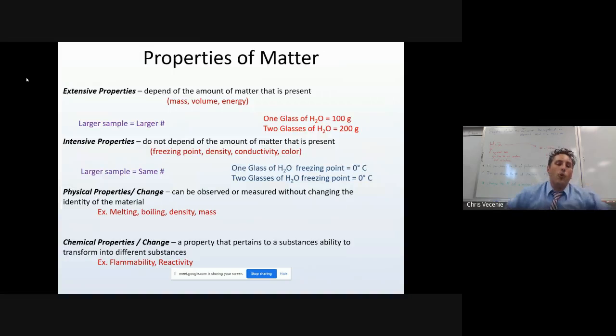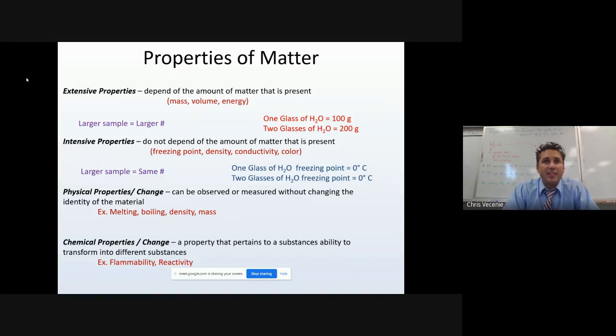All right, so when we start talking about characteristics of reactions, physical properties and chemical properties, and physical changes and chemical changes, there's a couple facets to that. The first category of things that we can measure are physical things.